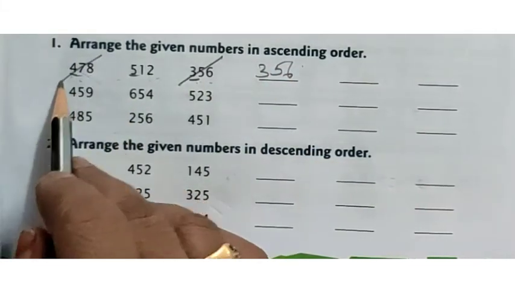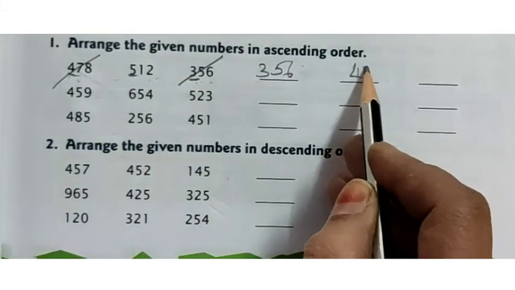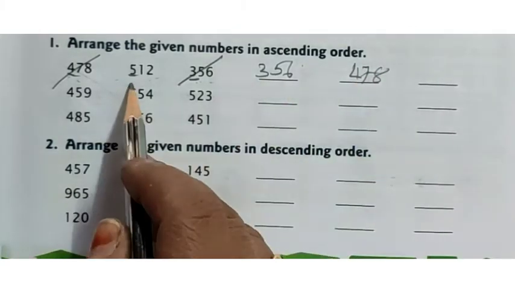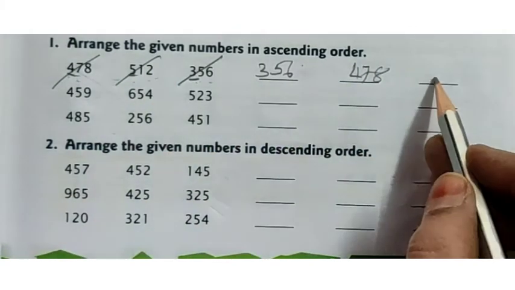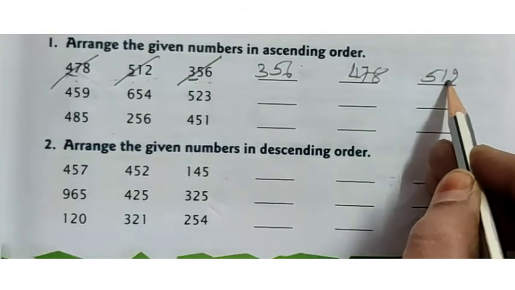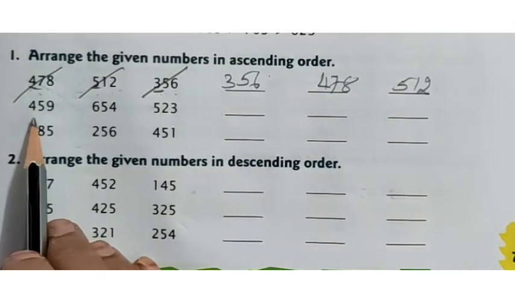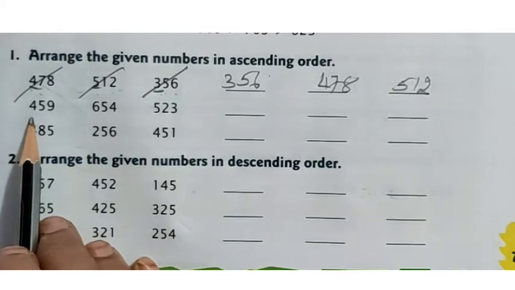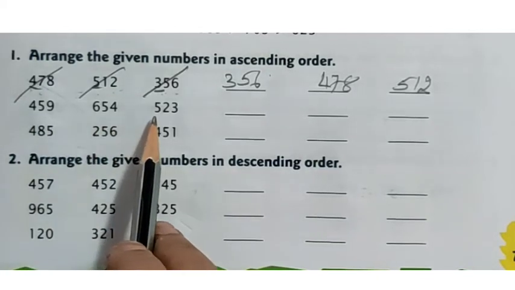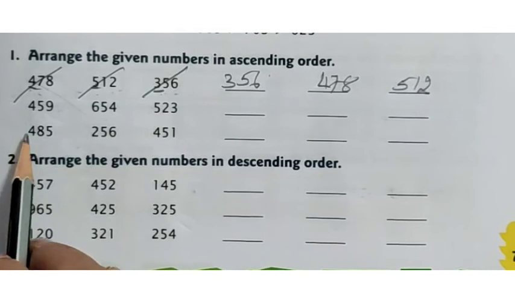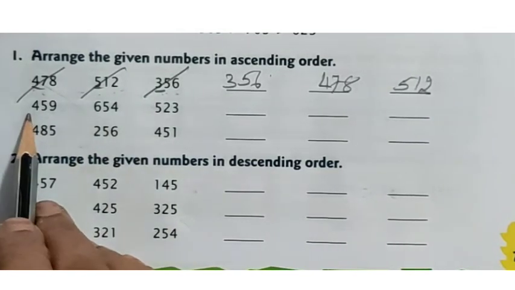Next is 478, and last is 512. Strike out 512 and write it in the blank. Now let's move to the second question. The numbers we have are 459, 654 and 523. All are 3-digit numbers. Compare the hundreds place.